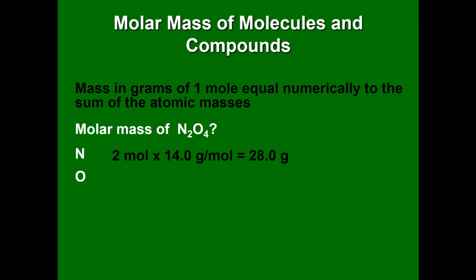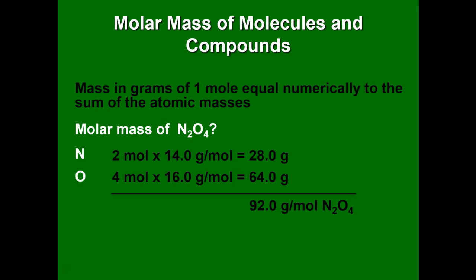There are 4 oxygen atoms in the formula, therefore we need 4 moles of oxygen atoms, each of which weighs 16 grams, and so the total oxygen mass is going to be 64 grams. We add that up, we get 92.0 grams per mole. So a molecule of N2O4 would weigh 92 atomic mass units. A mole of N2O4 would weigh 92 grams.